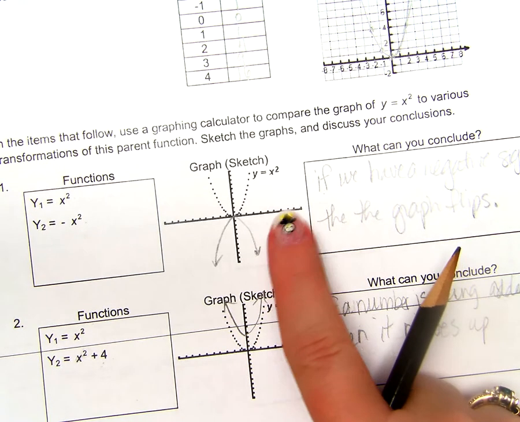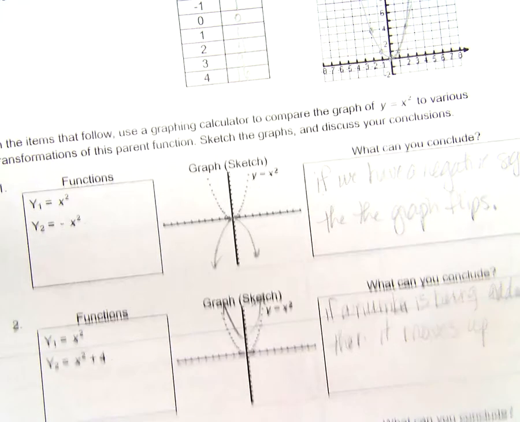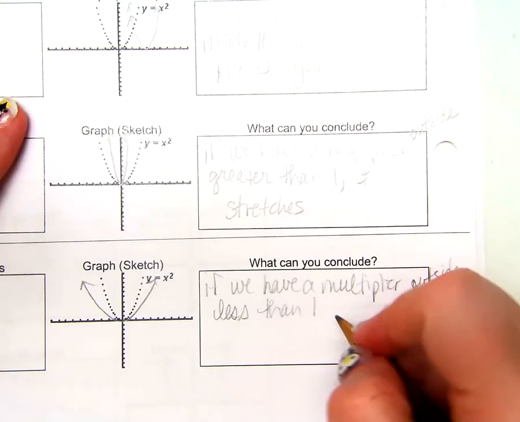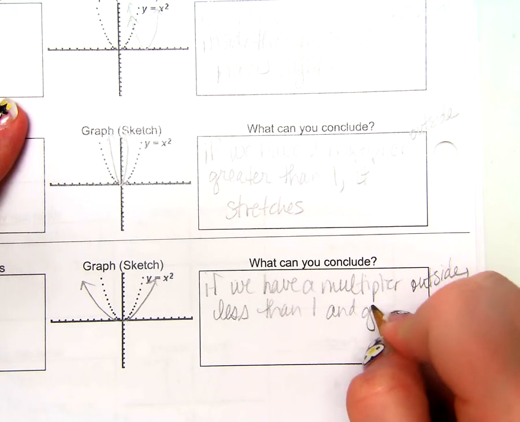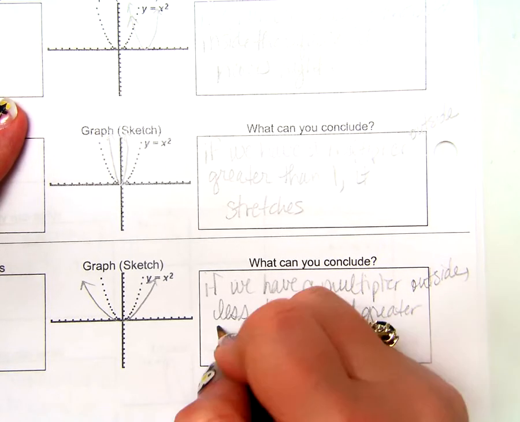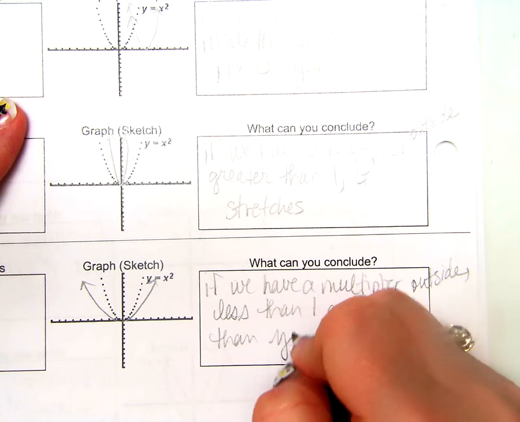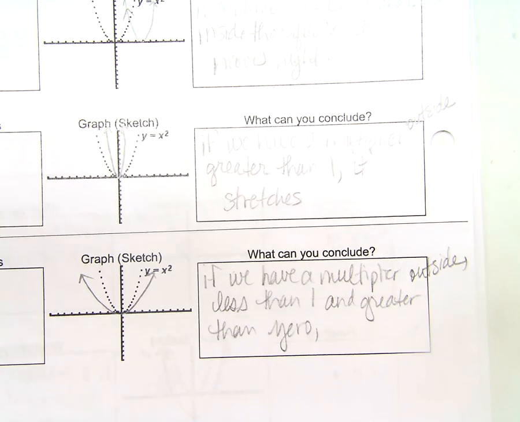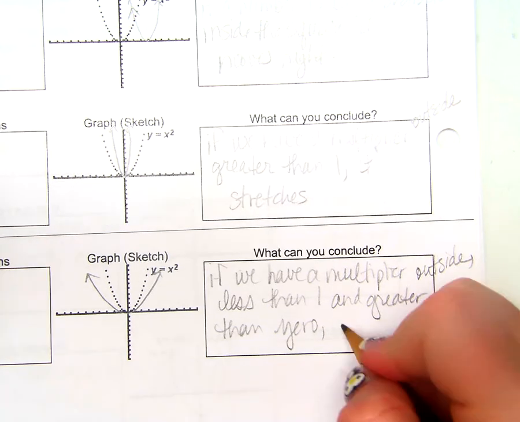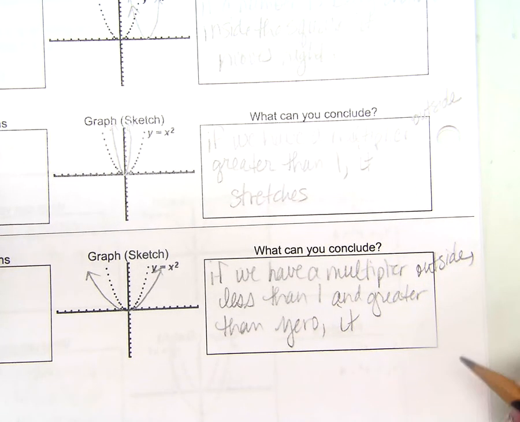What happens if it's less than 0? It flips over, doesn't it? We don't want that. We just want it to get wider. So it has to be less than 1 and greater than 0. So if we have a multiplier outside less than 1 and greater than 0, it what? It gets wider?